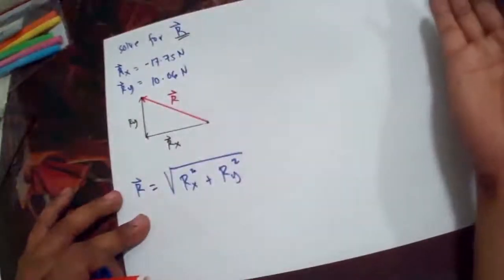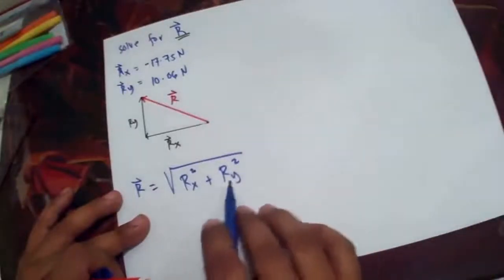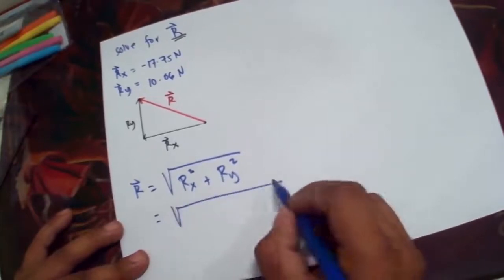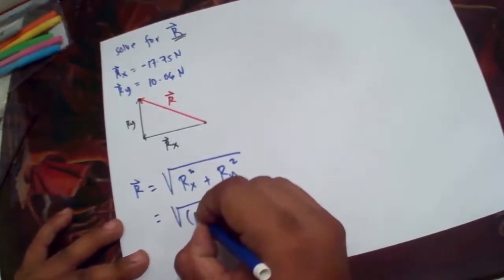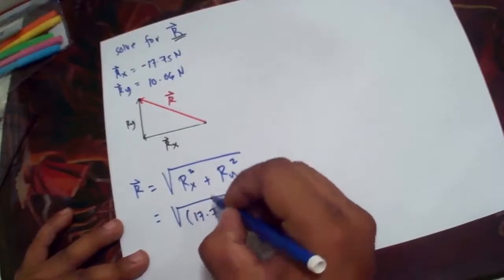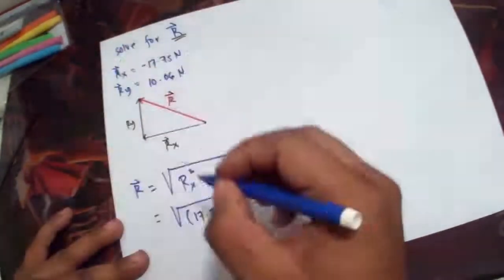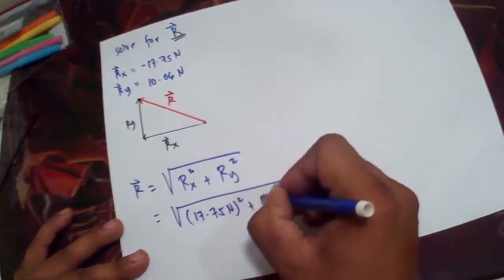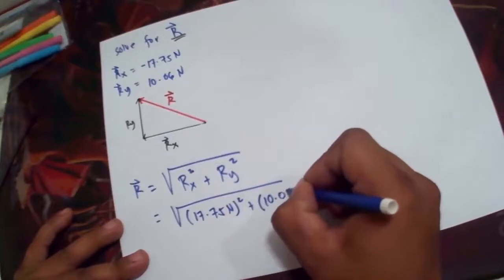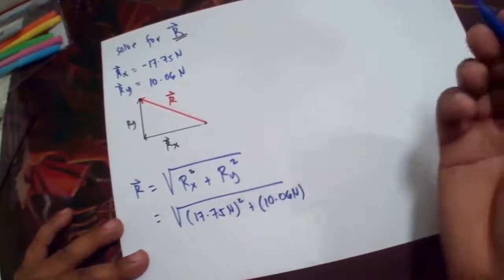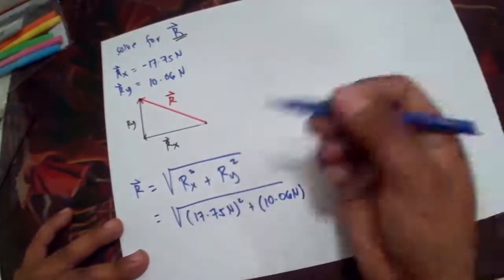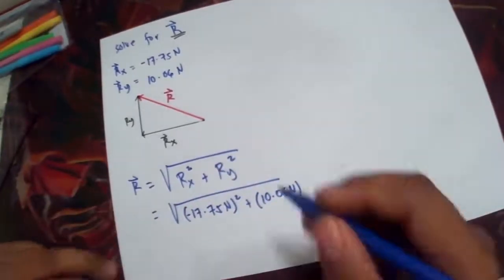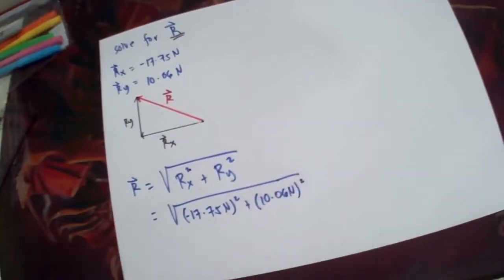This becomes the square root of 17.75 newtons squared plus 10.06 newtons squared. Or if you want to be more detailed in your answer, you can put negative. There's nothing wrong with that.